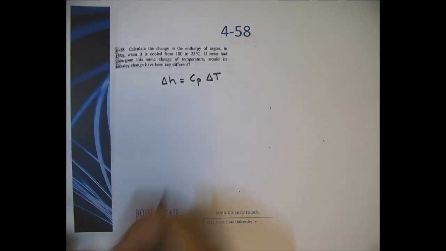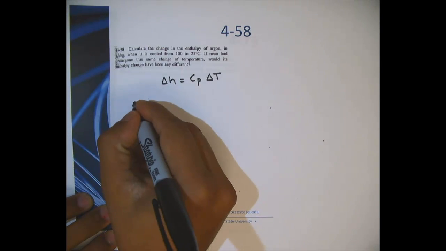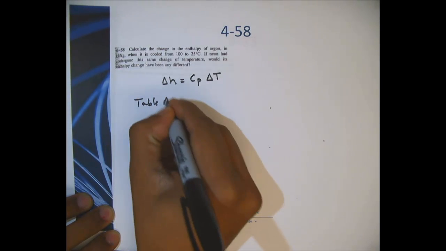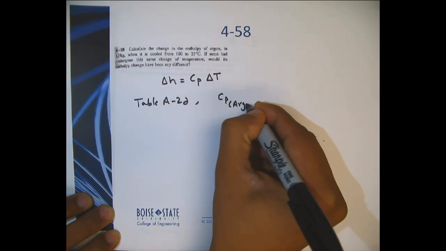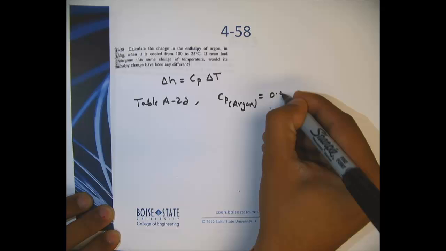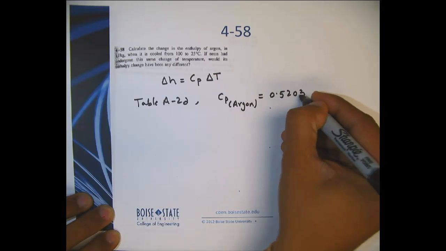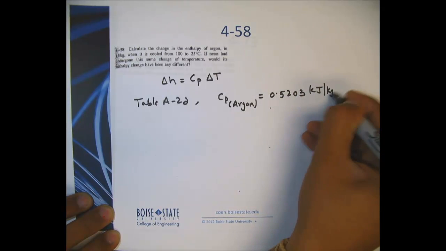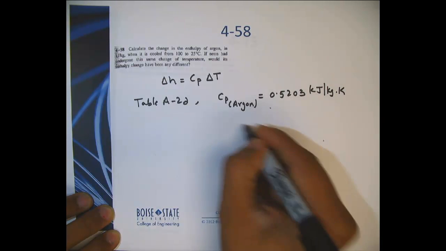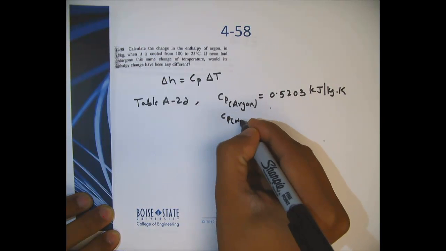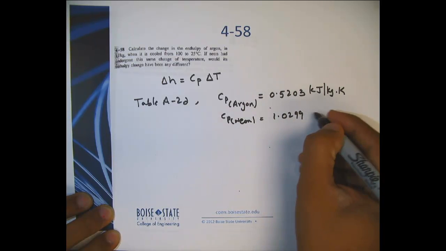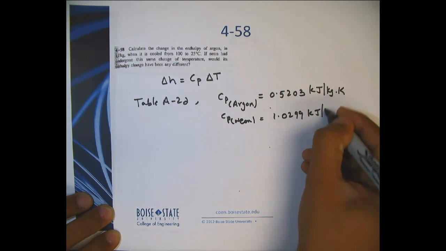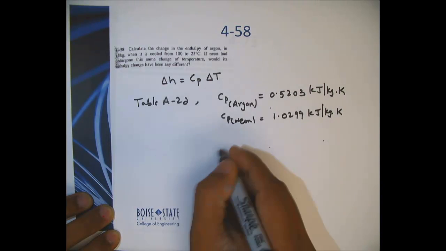Table A2A gives me Cp for argon, which is 0.5203 kilojoule per kg Kelvin, and also for neon, 1.0299 kilojoule per kg Kelvin.